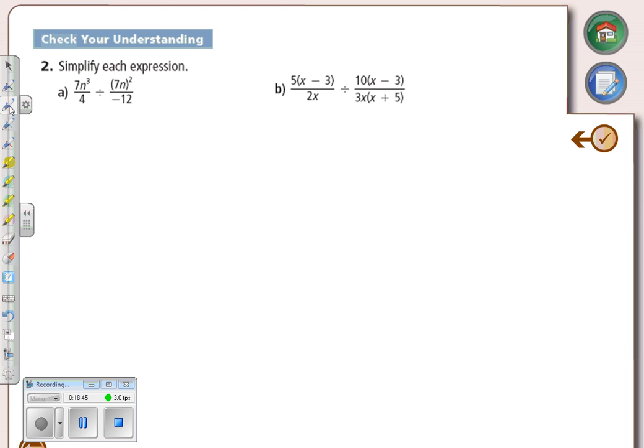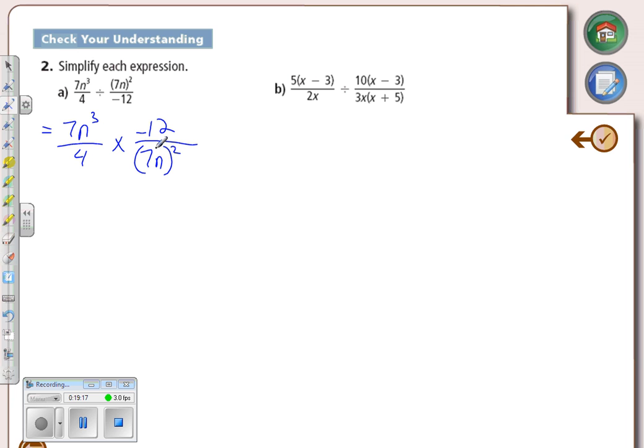All right, number 2. We've got dividing, so we're going to multiply by the reciprocal. 7n cubed over 4 multiplied by negative 12 over 7n squared. Now we can start looking to go further. Well, 7n in brackets squared, that's not 7n squared.